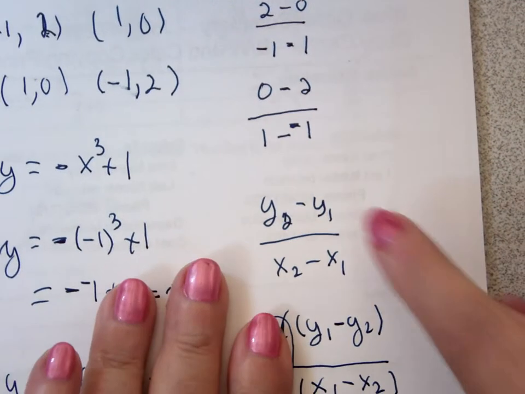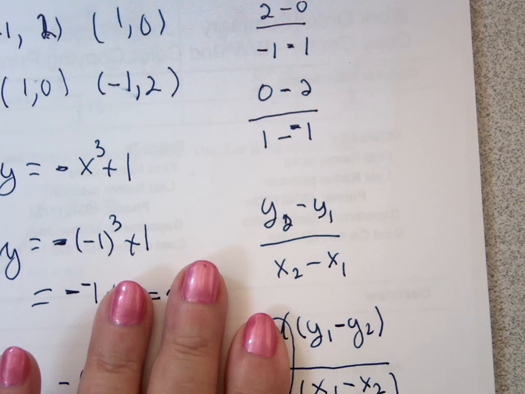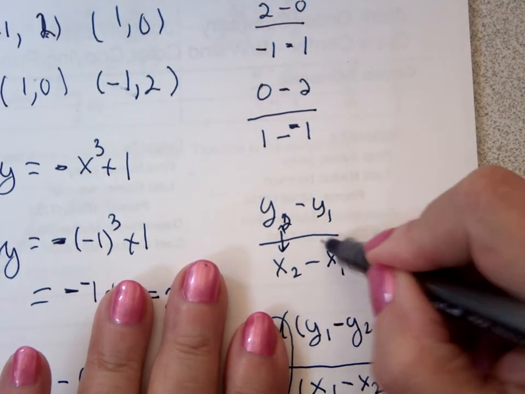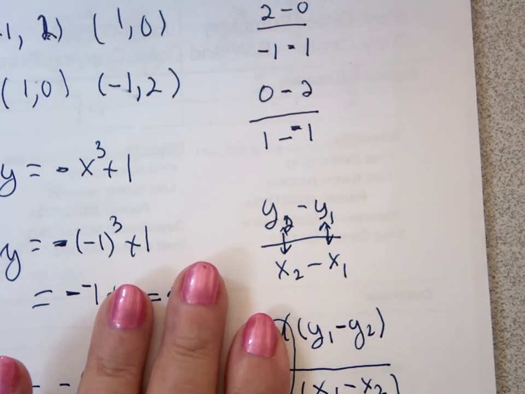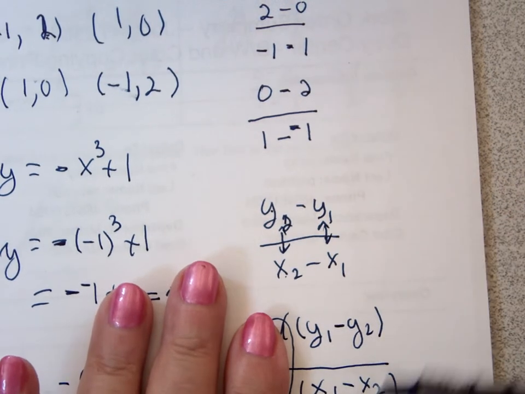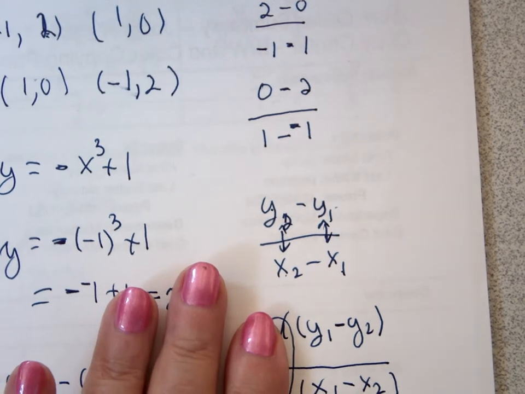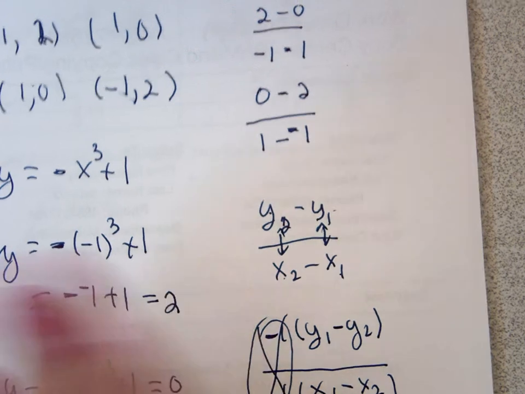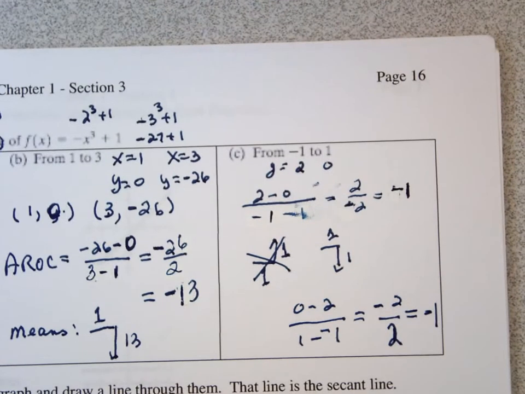These are the same two formulas. That's why what I normally point out is that the coordinate points should be together. So this should be x, y, the same coordinate point. This should be x, y, the same coordinate point. Doesn't matter which one comes first. So he has a slope of negative 1.